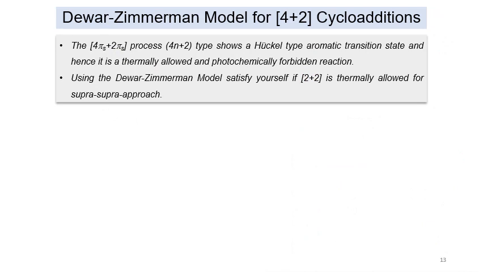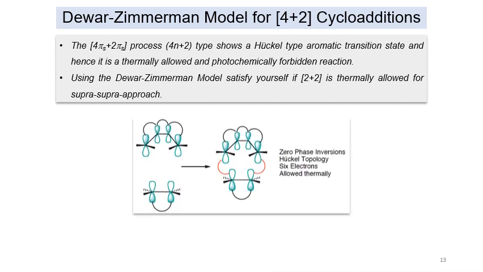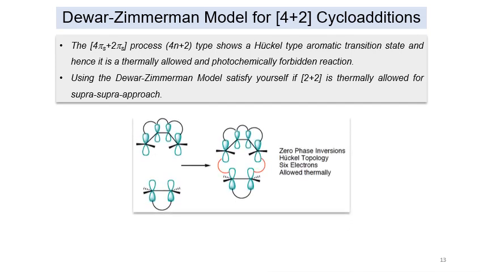If we look at the aromatic transition state model by Dewar and Zimmerman for the 4 plus 2 cycloadditions, then we can see that this shows a Huckel type aromatic transition state. There are no phase inversions. Therefore, it is a 4n plus 2 system, no phase inversions.